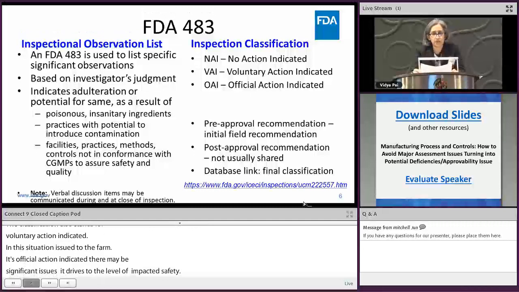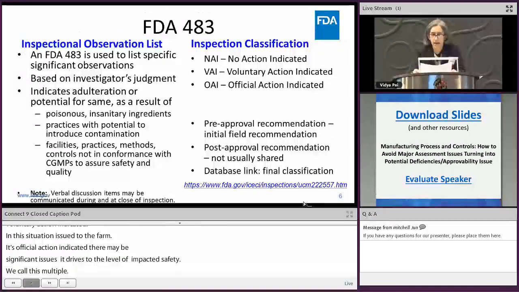From a pre-approval inspection perspective, the investigator may share his recommendation with the inspected facility. It's also summarized and provided to the agency as an initial field recommendation. It's very important to recognize this is the initial recommendation from the investigator.